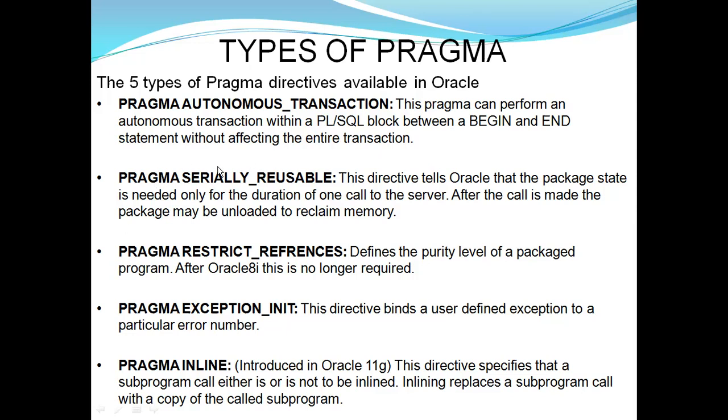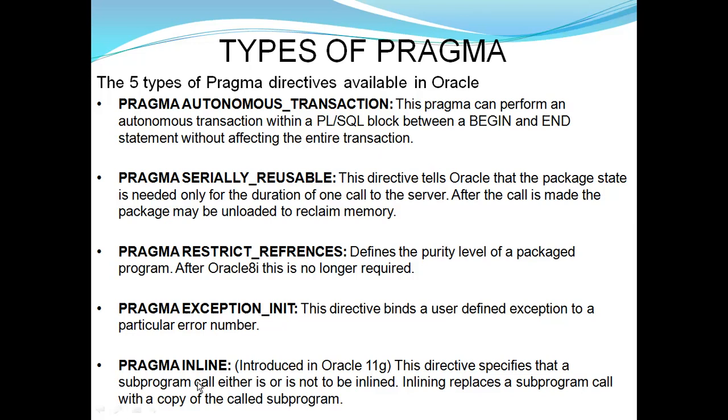Then pragma serially reusable. If I'm using serially reusable, then that particular procedure will be removed from cache memory after executing, so that memory will be free for you. And this is not required after Oracle 8i. Exception init allows you to add your user defined exception to any existing error code.